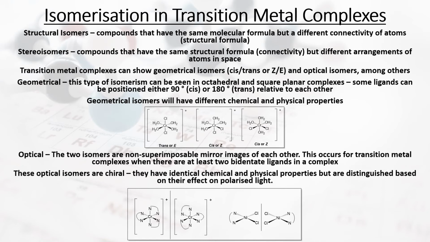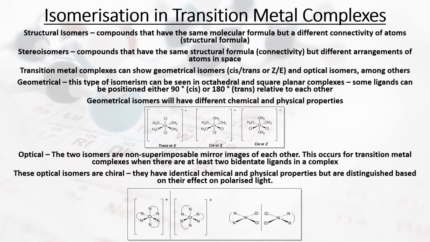Now, for the other type, optical isomerism, these are non-superimposable mirror image forms of each other. This occurs for transition metal complexes when there are at least 2 bidentate ligands in a complex. Remember, bidentate meant that we had 1 ligand forming 2 coordinate bonds through 2 different atoms. And these optical isomers are chiral.